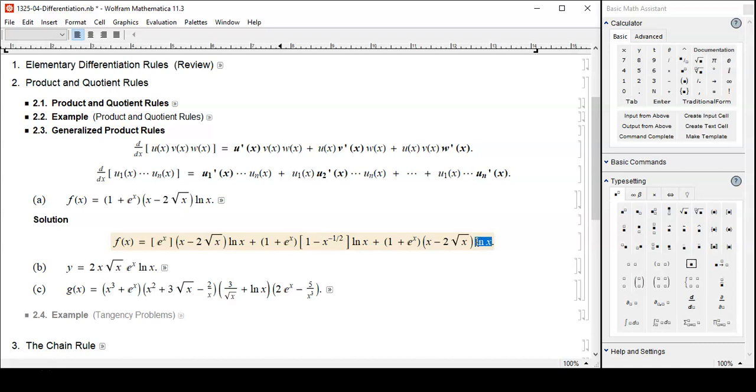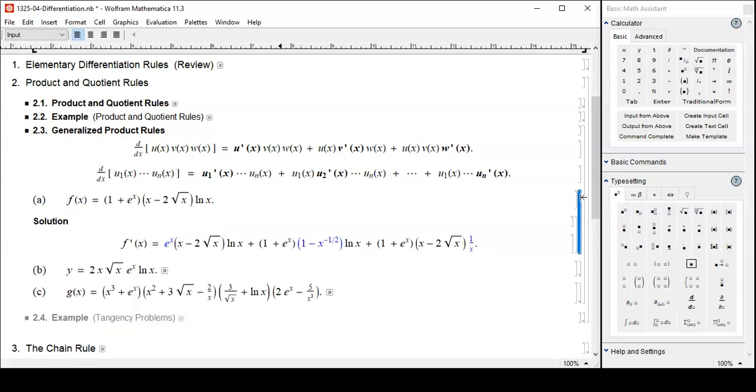And finally this one. There you go. We have 3 bunches added, and the derivative like this. Here's the answer key.